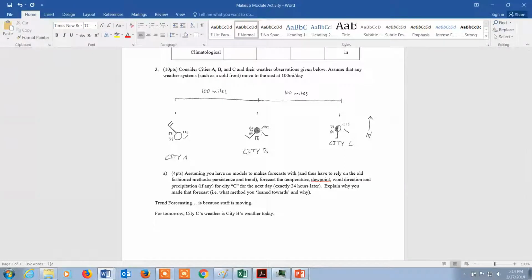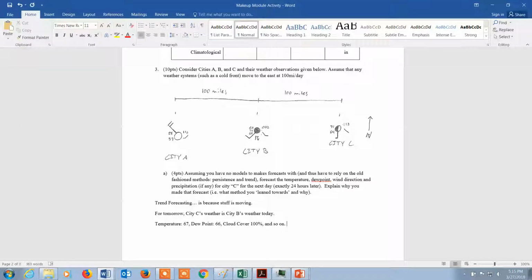So here's how this would look. For city C, temperature would be 67. Dew point would be 66. Cloud cover would be 100%, and so on.